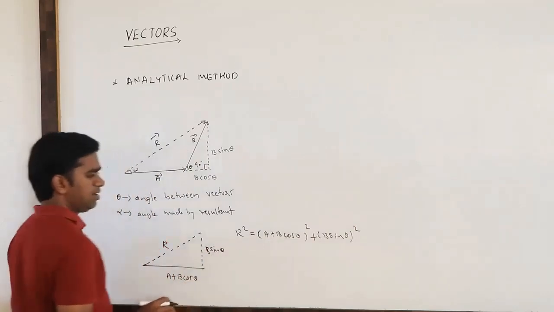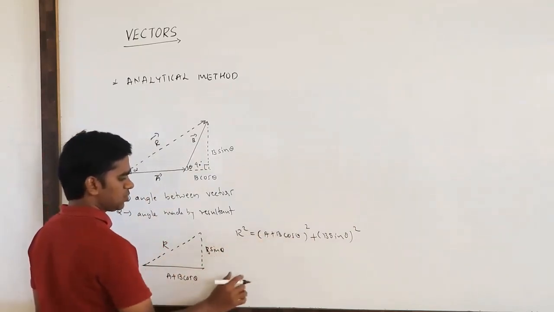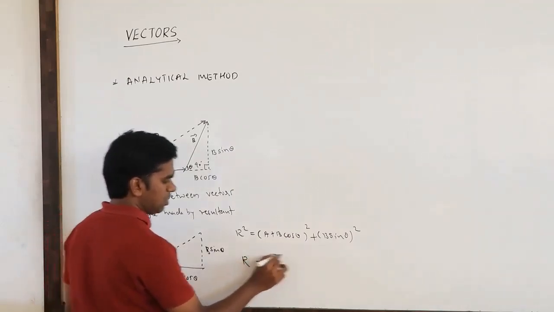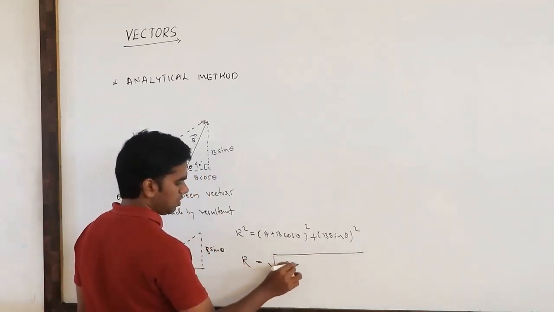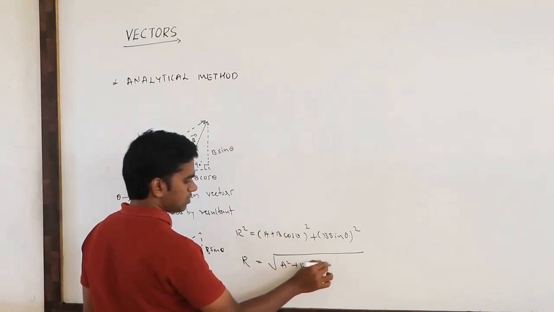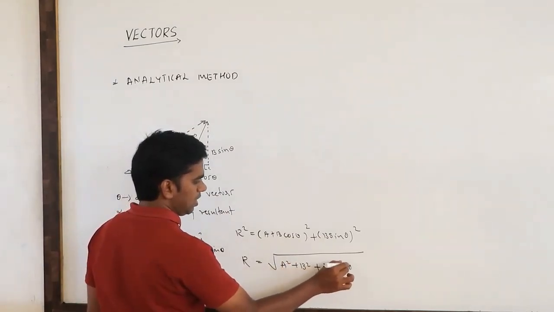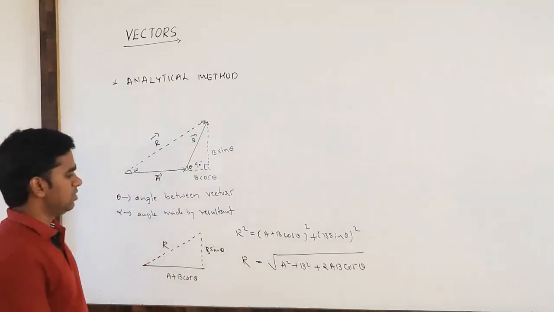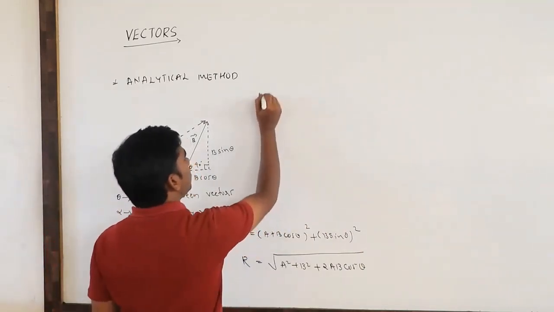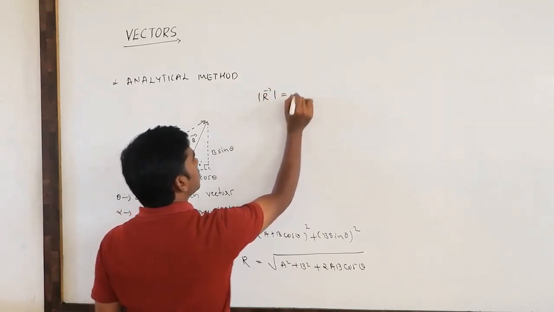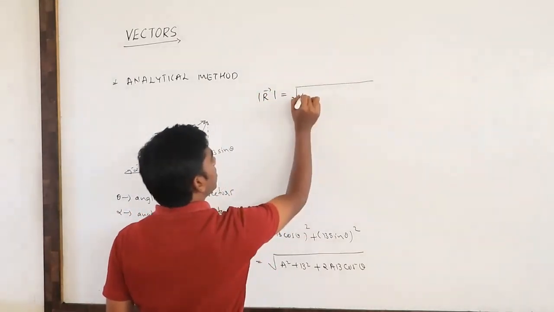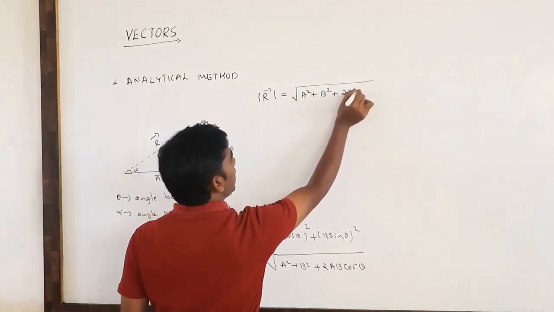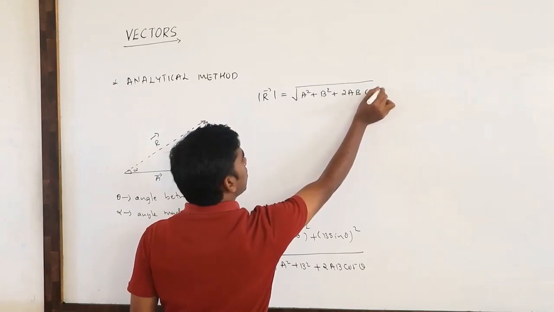By solving this, the resultant equals the square root of A square plus B square plus 2AB cos theta. This is the magnitude of vector R, and you have to remember this formula.